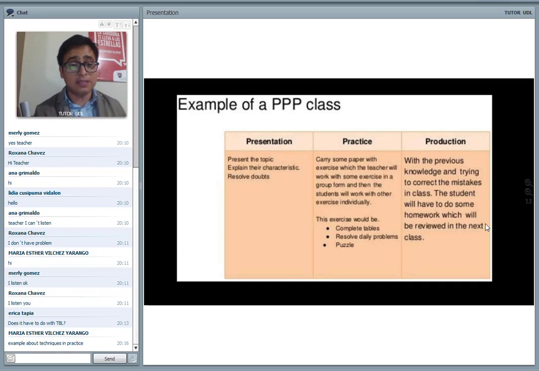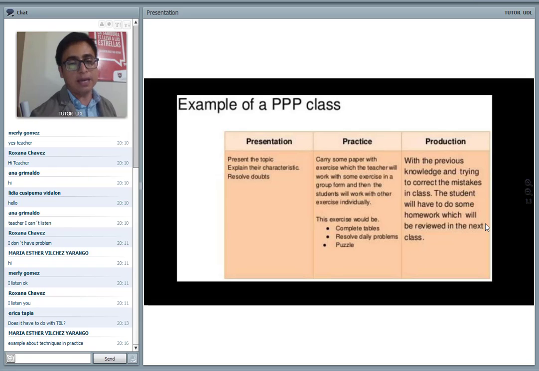So that is the presentation. The students recognize the use of present simple by using that conversation.